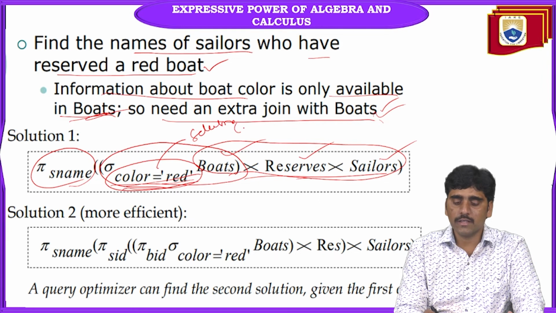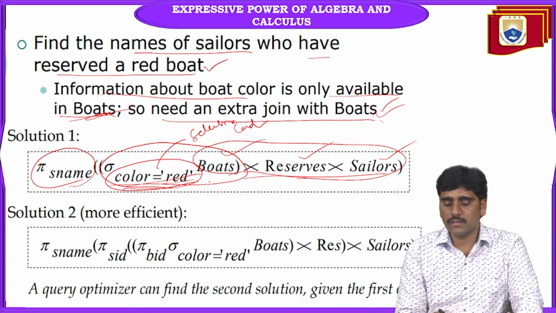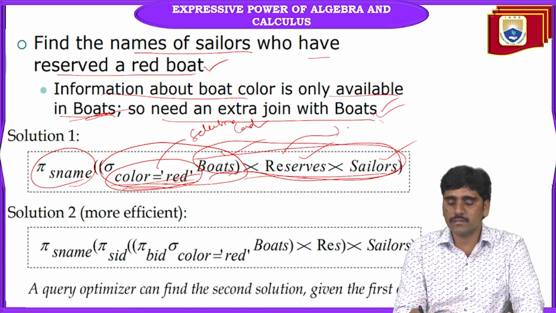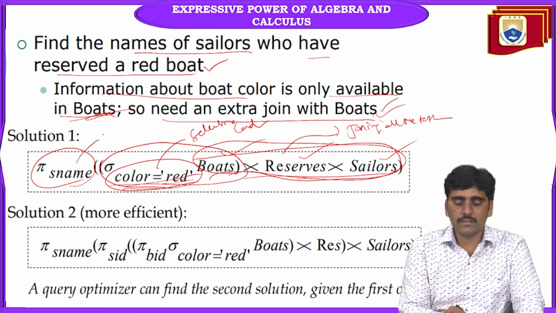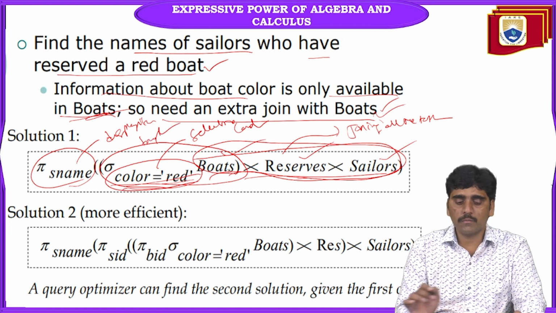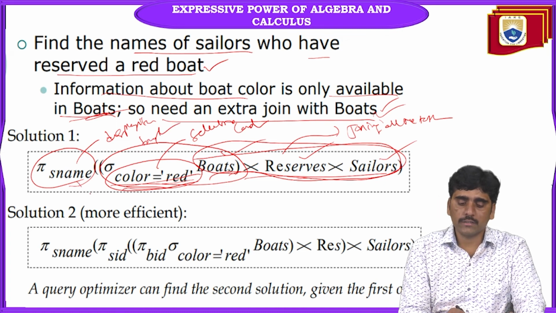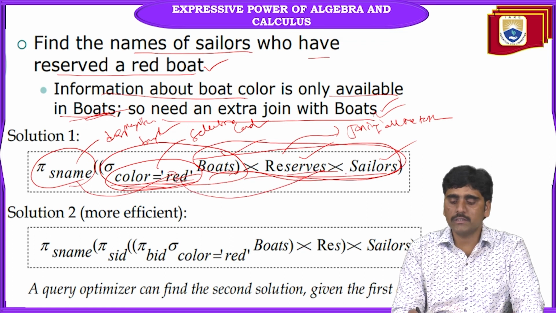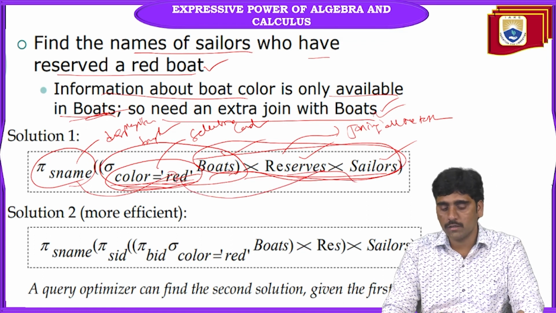This is the selection condition, and these three are the join conditions, joining all the tables, and this is nothing but displaying the tuples. So I am going to display the tuples on this condition from these three tables joined together.